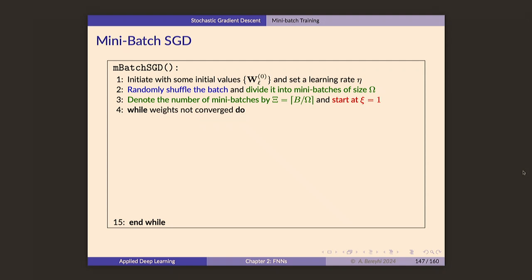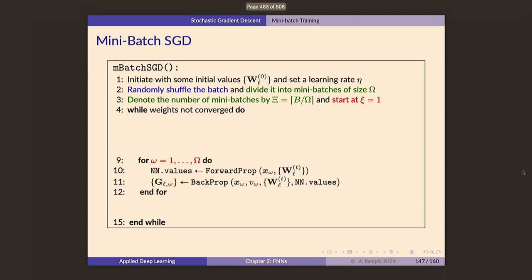So I consider the size of mini batch to be omega. Then how many mini batches do I have? If I have b different data points, b divided by omega, right? So we have b divided by omega different mini batches. And then we start with the first mini batch. What we're going to do in the first mini batch is forward, backward pass for every single data point inside that mini batch.